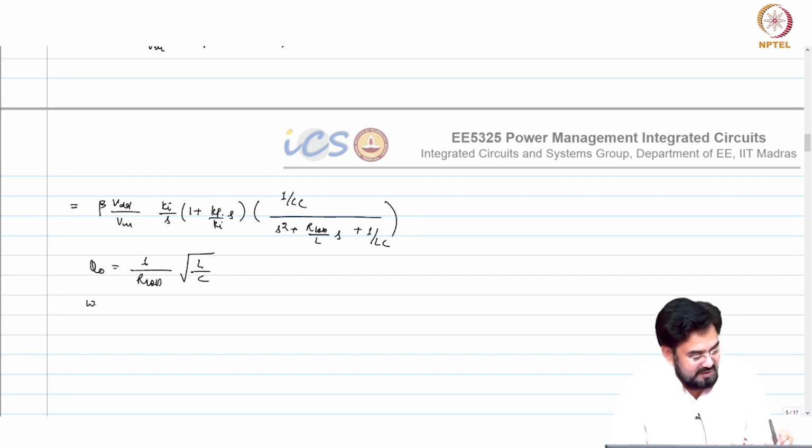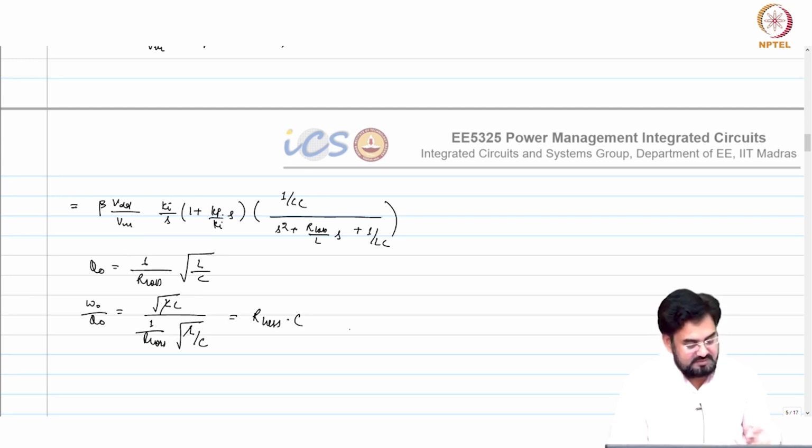Correct. So what is omega naught by Q naught? Square root LC over 1 over R loss L over C. L cancels out, R loss into C. Should be this, coefficient of S. Sir, omega naught should be 1 by root LC.